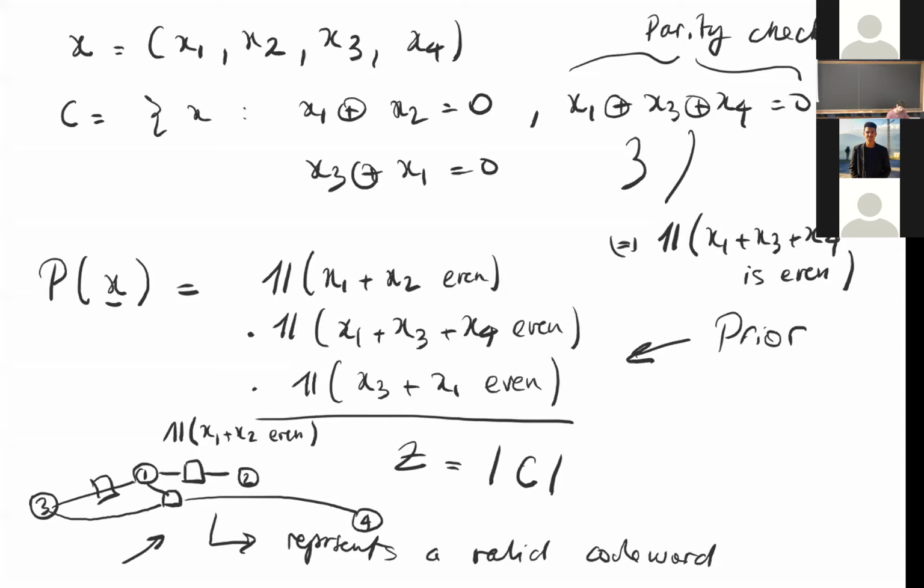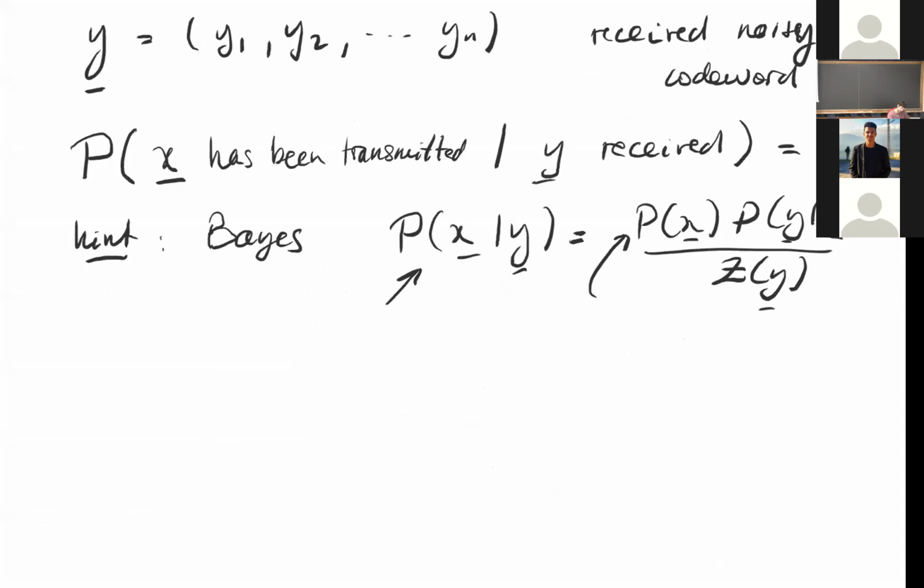Now, what you need to think about is what is this part, which is also called the likelihood. This is the likelihood of the data, of the received data, in this case a noisy code word, given that the transmitted information was X. So how to get this thing?